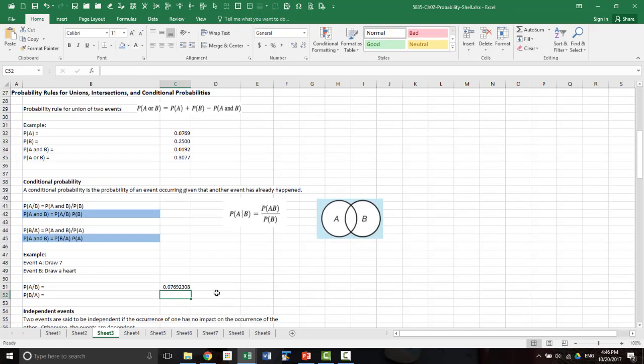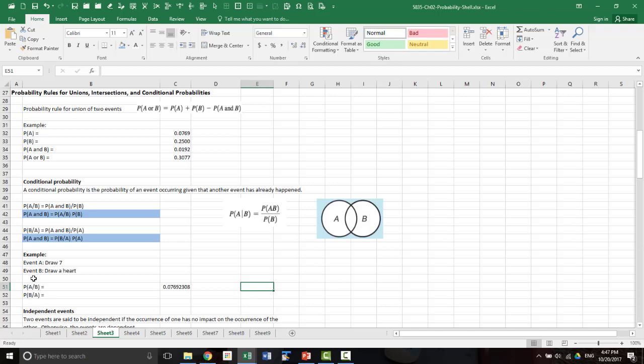Now that should be equal to 1 over 13, and you see that it is. So this is the rule: probability of A given B is the probability of the intersection divided by the probability of B.